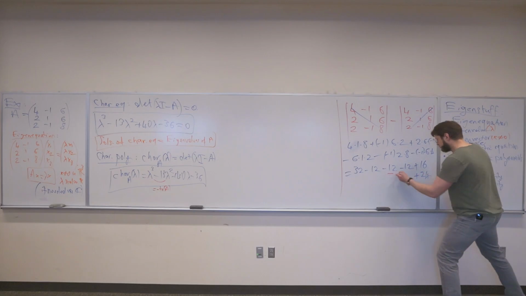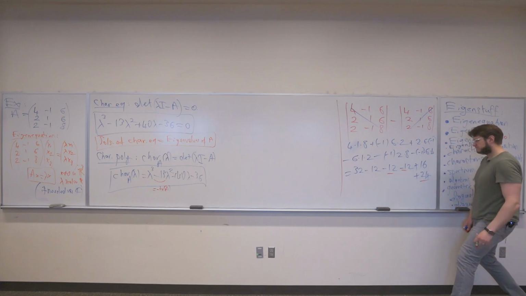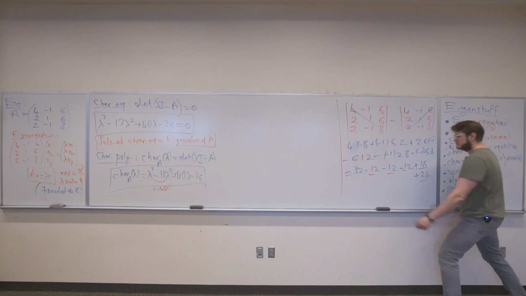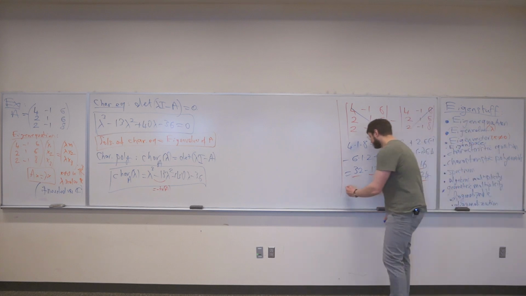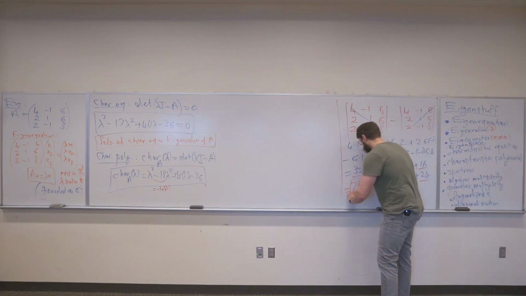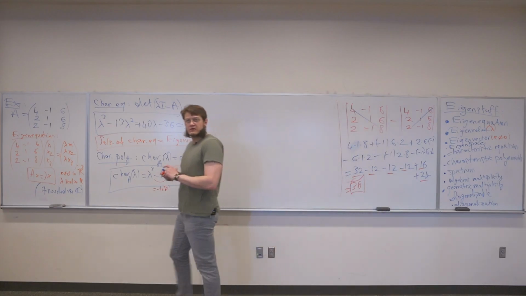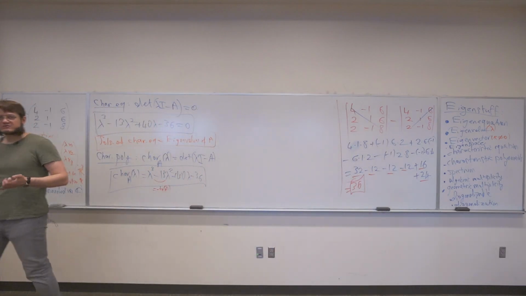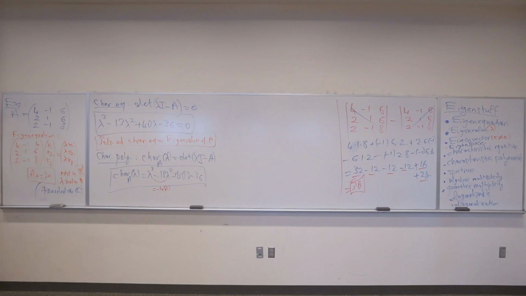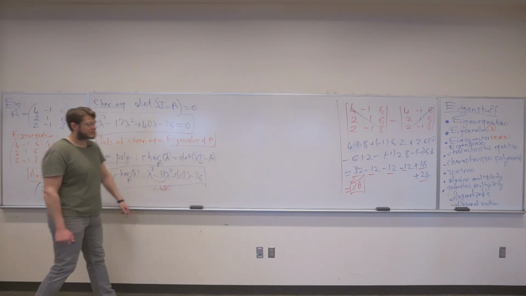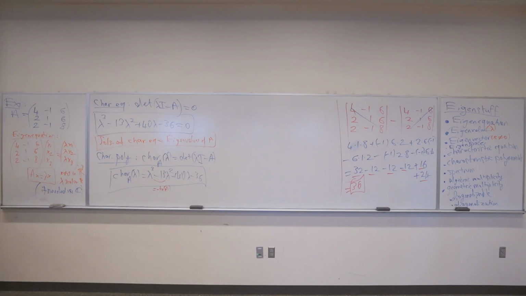These two cancel out with this. These two give me 4 plus 32, 36. Does this match with your calculations? In any event, you see the constant term of the characteristic polynomial is the same thing as minus the determinant in this case.